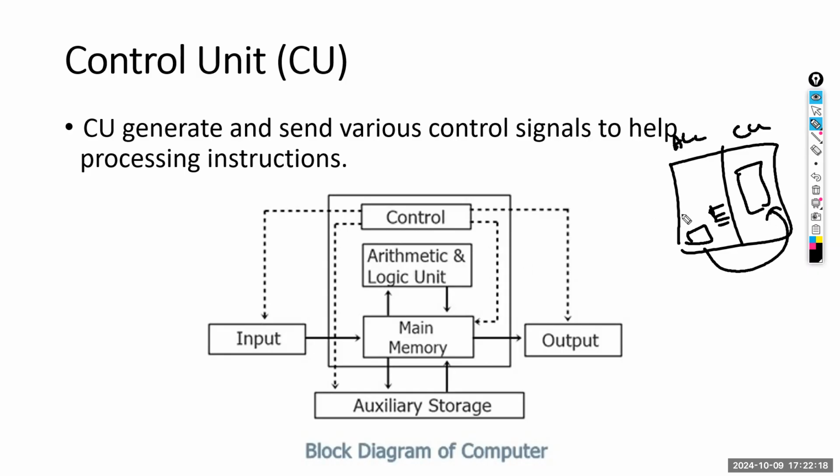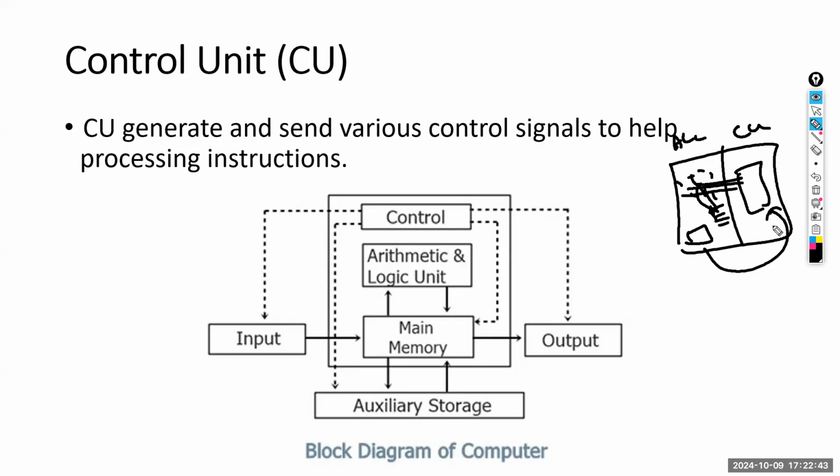Then it will send the relevant control signal to the ALU, and the data is taken from here and the processing happens. So basically your ALU is under the control of the control unit. Actually, not only the ALU, your entire computer, the entire hardware, is under the control of the control unit. So the control unit plays a crucial role.